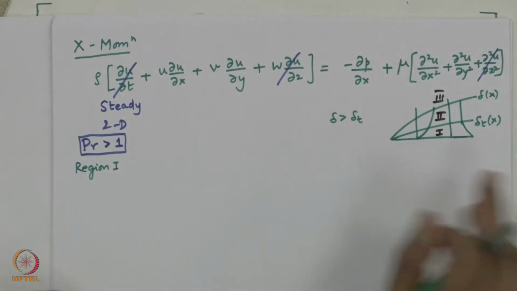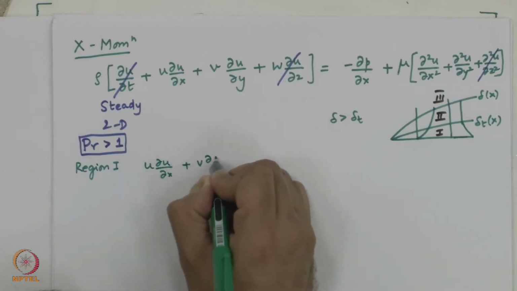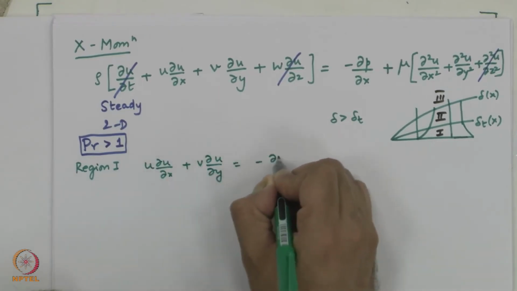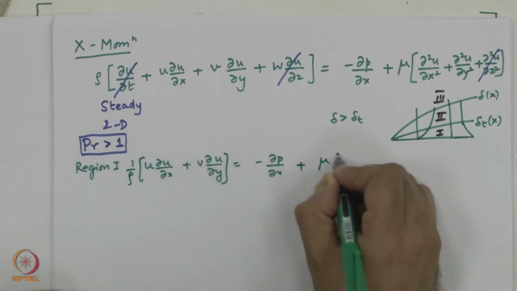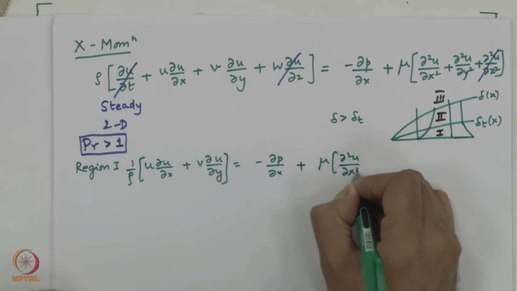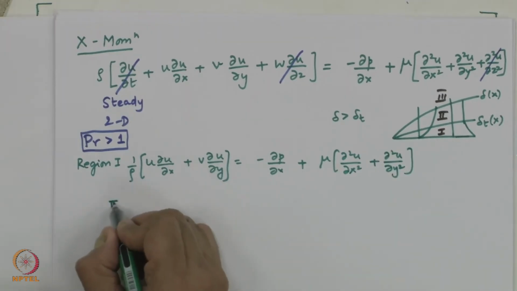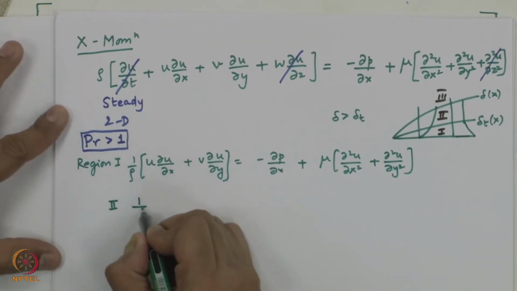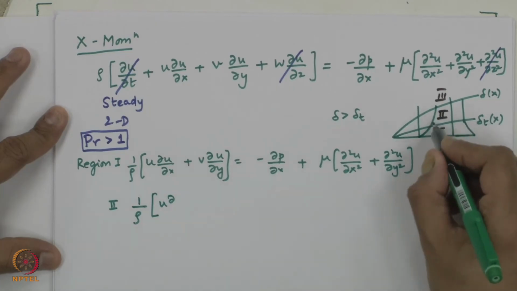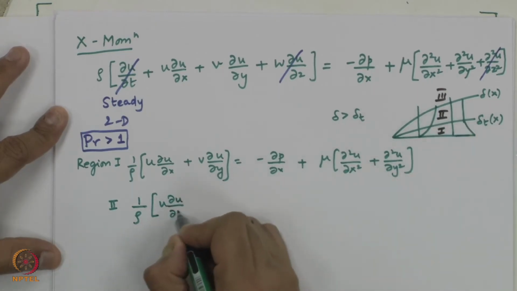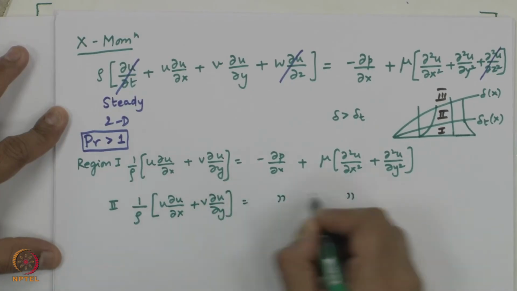Region 1, u is completely varying. So, the equation remains just as it is: u du by dx plus v du by dy equal to minus 1 by rho dp by dx, plus mu by rho times d squared u by dx squared plus d squared u by dy squared. This is good. Region 2, in region 2 again there is no change in the velocities. U is varying here, it has not reached a constant value. So, the same equation holds.